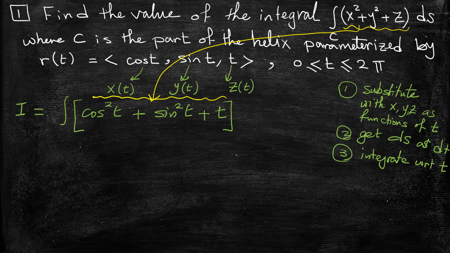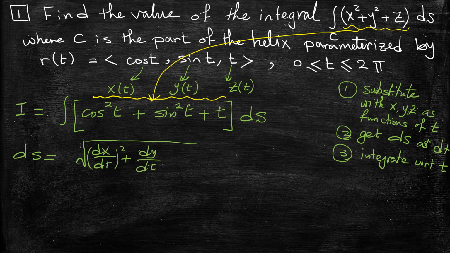And here we end up with ds. So ds, we can put it here again in the same form: the square root of (dx by dt) squared plus (dy by dt) squared plus (dz by dt) squared, dt.